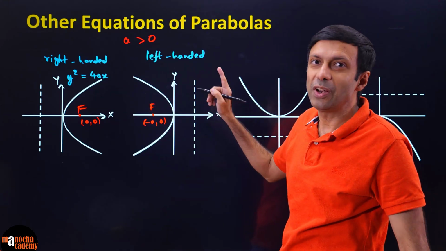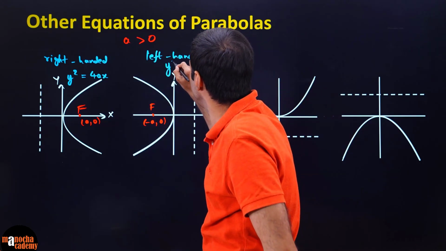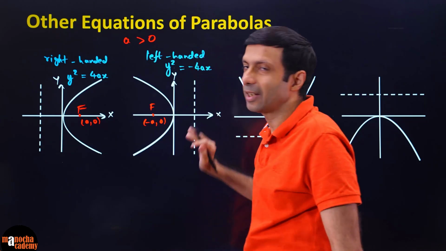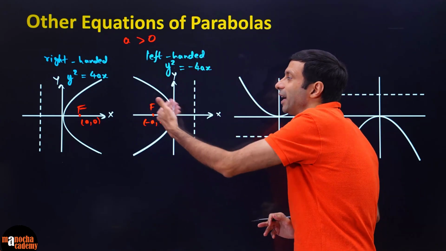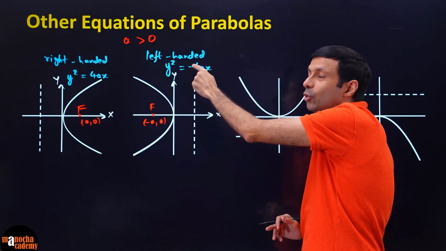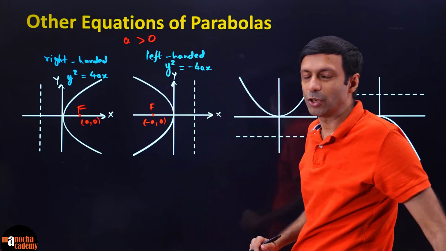So the equation of a left-handed parabola is going to be y square equal to minus 4ax. Just one minus sign comes in. Why? Because all the x values are negative, so your right hand side will always be negative if you didn't put the minus sign. That's why minus 4ax, and a we take as positive.